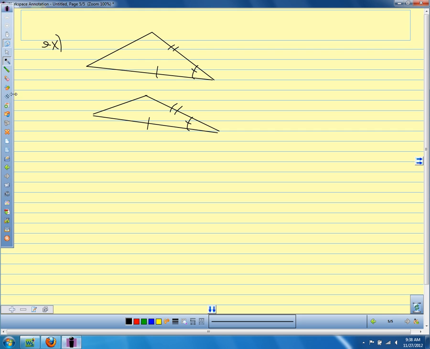So why would these two triangles be congruent? Side, angle, side. And that's all we have to say. So my question up here is, why are they congruent?